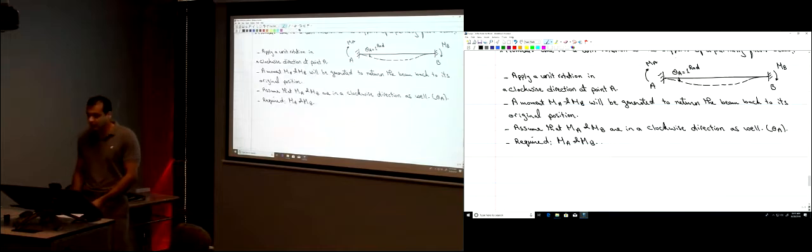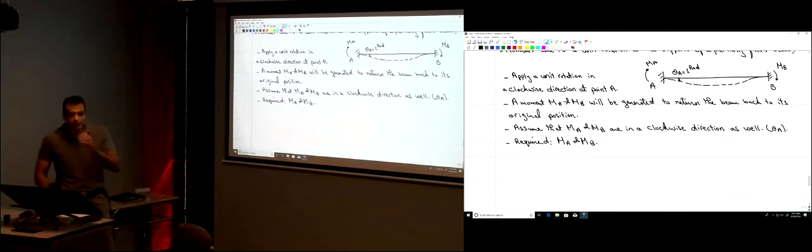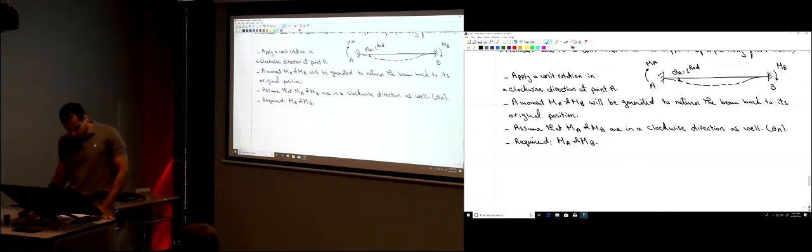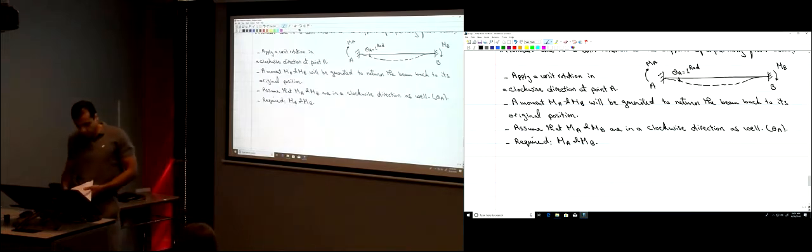Okay? How can we do this? How can we find MA and MB? Exactly the same way we found the fixed end moments. Draw the bending moment diagram, and put it on the conjugate beam, and then use the equilibrium of the conjugate beam to find MA and MB. Okay?